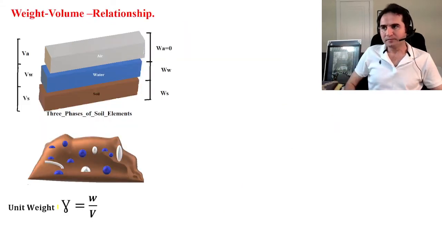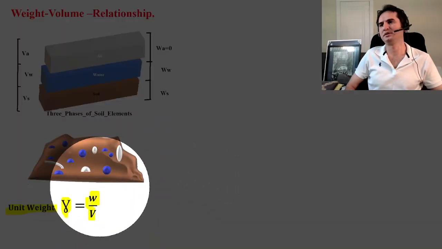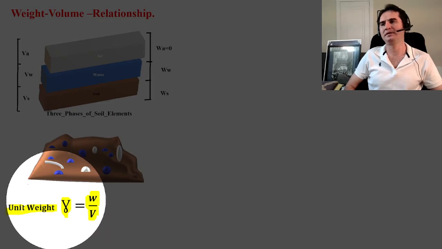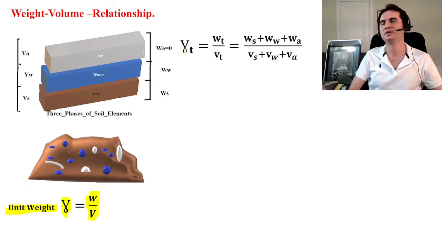If you remember from physics, unit weight, or gamma, is weight over the volume. Sorry, weight over the volume, not mass. So gamma goes by the unit weight of whatever material you have. To find the unit weight of a soil in total, that's total weight over total volume.